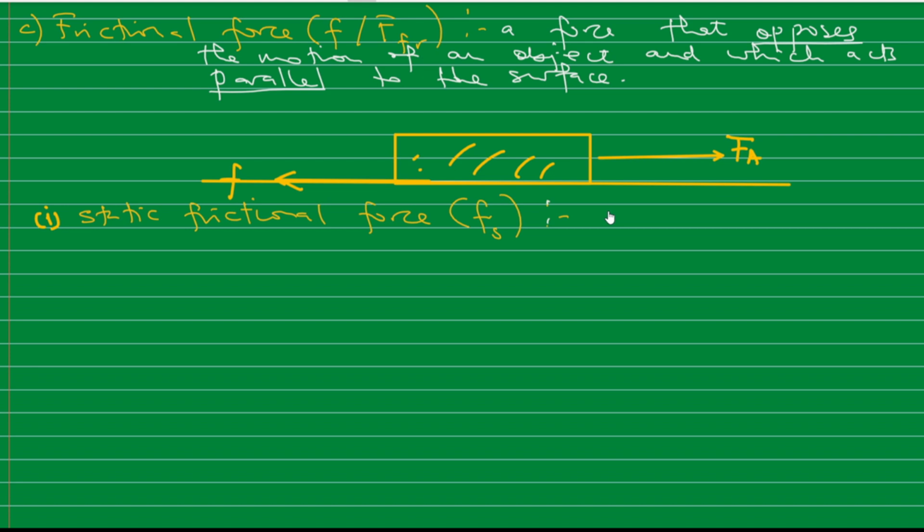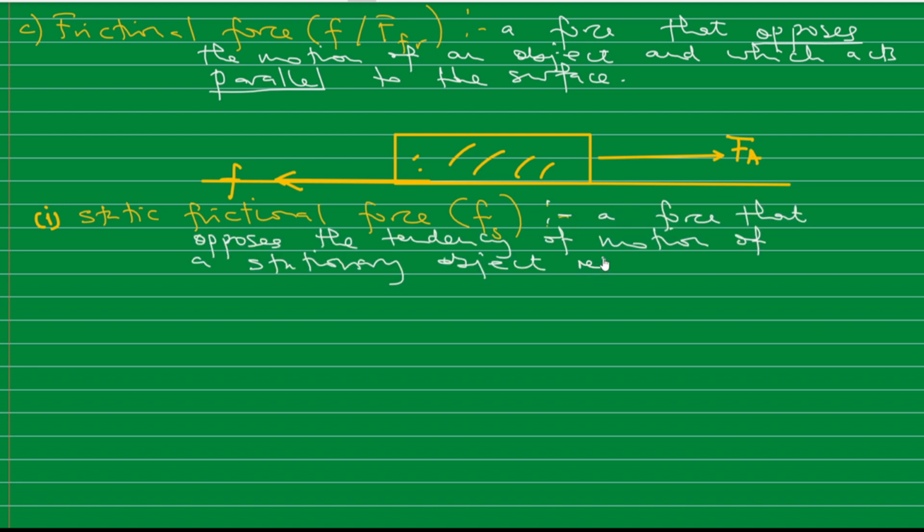And the definition of frictional force is as follows. It is a force that opposes the tendency of motion of a stationary object relative to a surface.